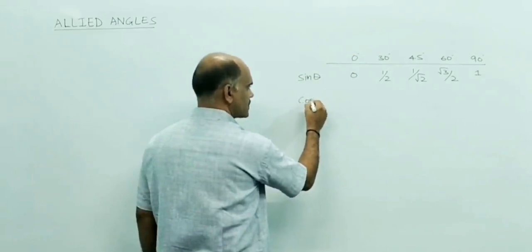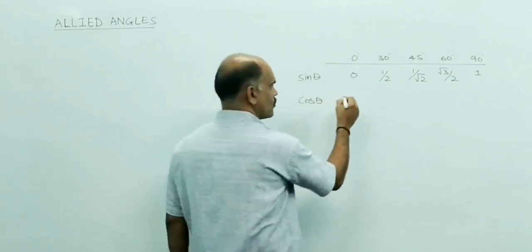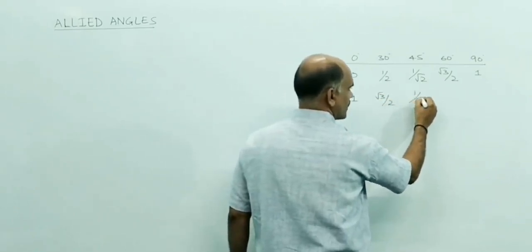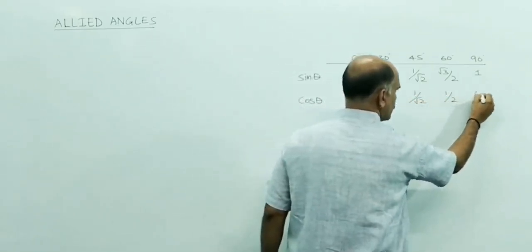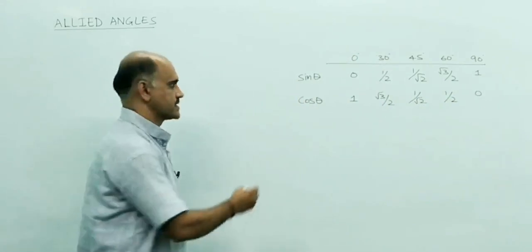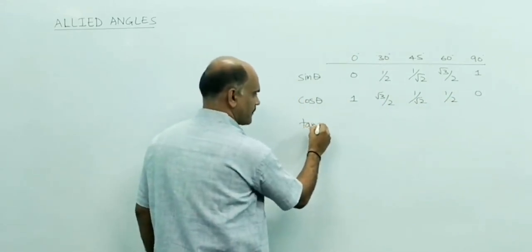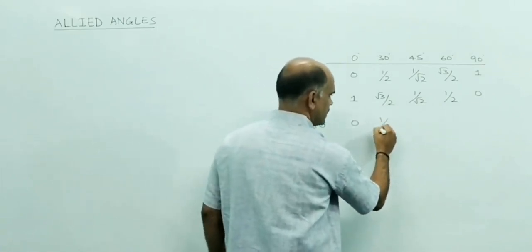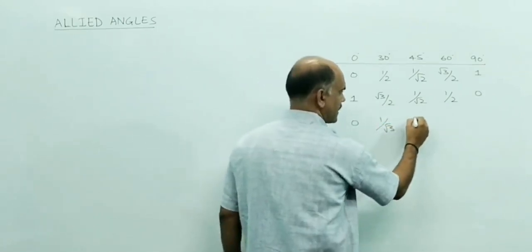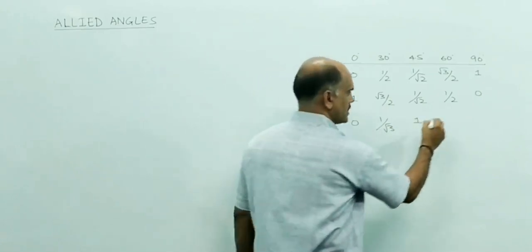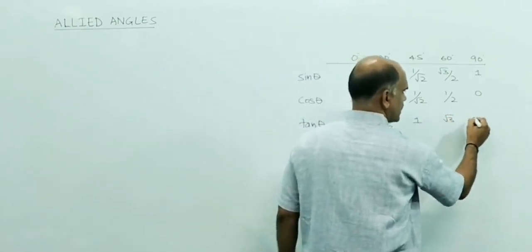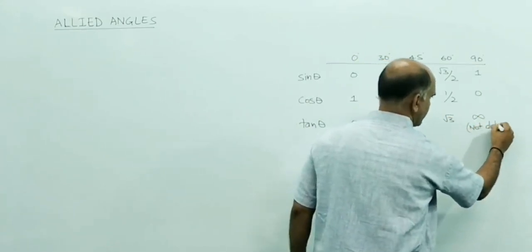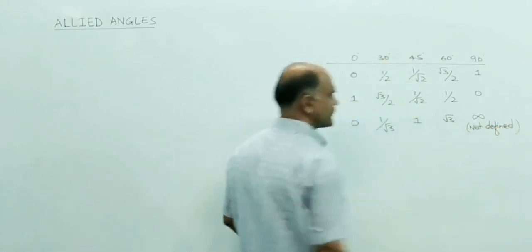Similarly, for cos we had cos 0 is 1, cos 30 root 3 by 2, 1 by root 2, 1 by 2, 0. Similarly, if I take tan theta: tan 0 is 0, tan 30 is 1 by root 3, tan 45 is 1, tan 60 is root 3, tan 90 is infinity or not defined.